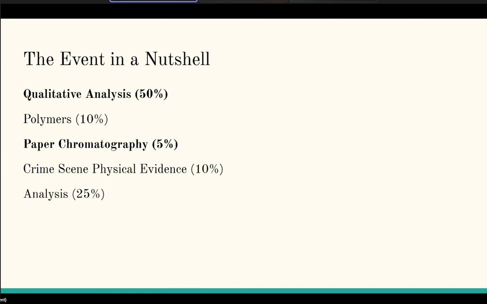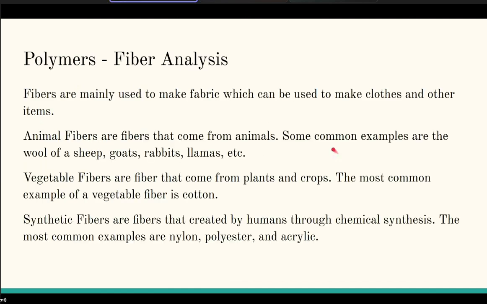Okay, so I'm going to talk about fiber analysis. There are three main types of fibers that you need to know: animal fibers, vegetable fibers, and synthetic fibers. Animal fibers are basically anything that comes from animals, like wool from a sheep, goats, rabbits, llamas.